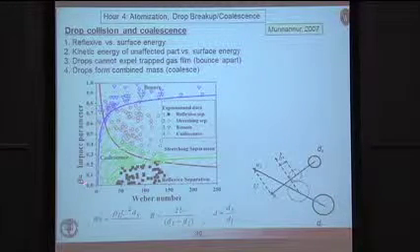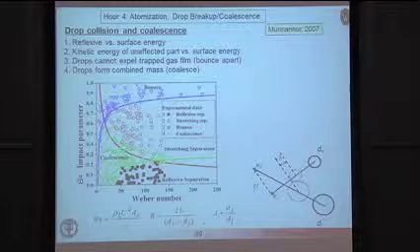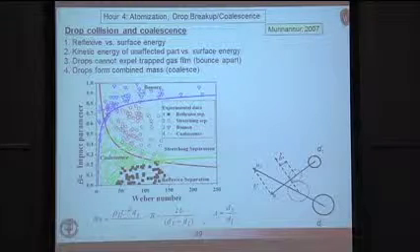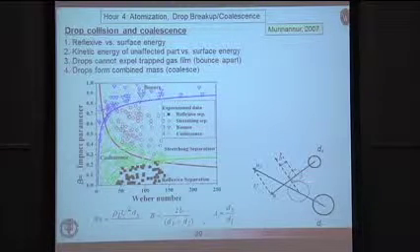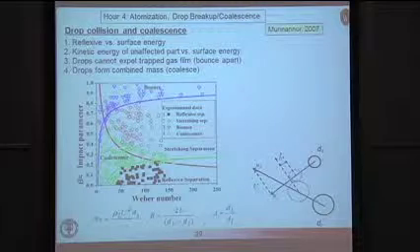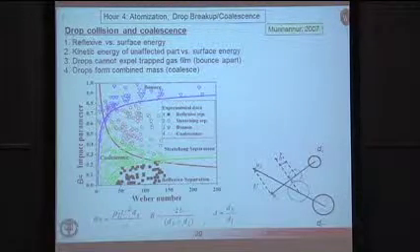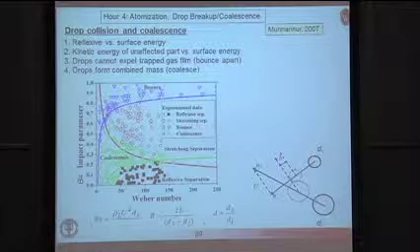So what does the impact parameter mean? If it's 0, we have a head-on collision. So drops are just colliding head-on. But if the impact parameter is unity, the droplets just slide past each other and just barely graze and touch each other. So impact parameter is a very important measure of the orientation of this collision process.